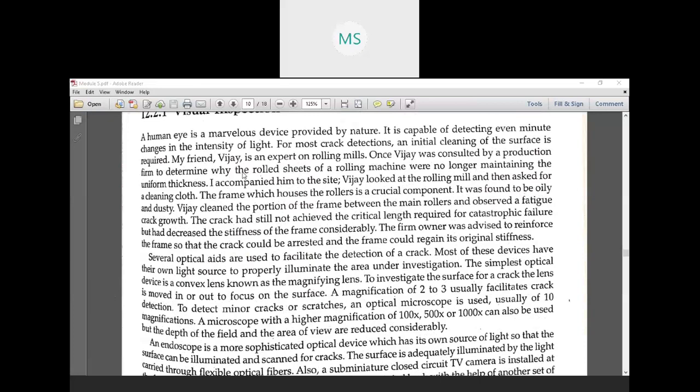A human eye is a marvelous device provided by nature. It is capable of detecting even minute changes in the intensity of light. For most crack detection, an initial cleaning of the surface is required.